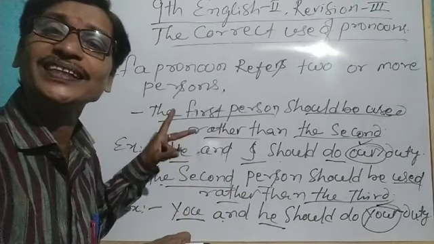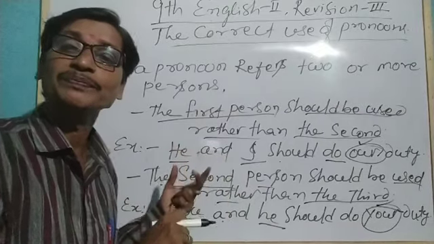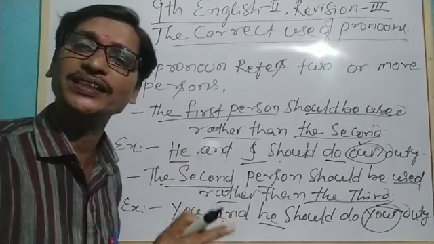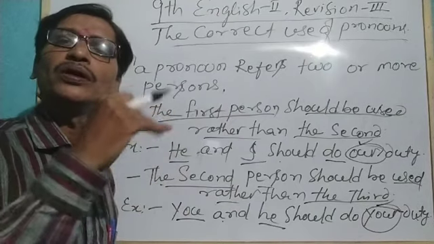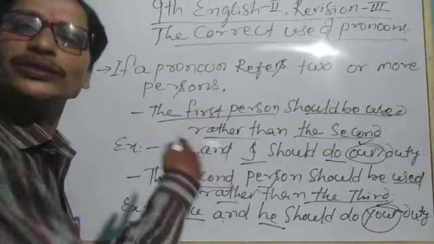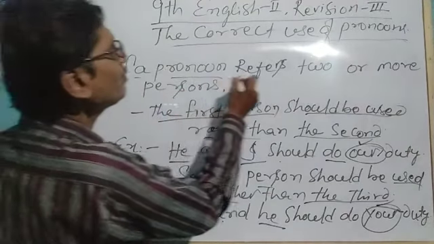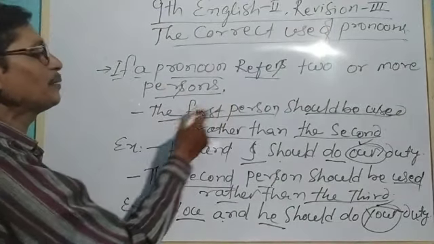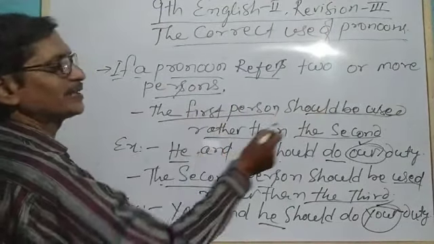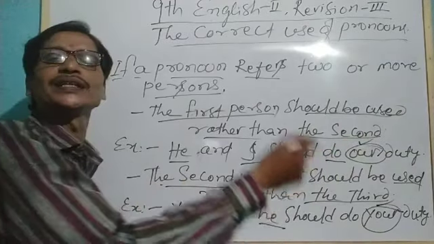We have discussed them. Now, today we are just recalling, revising them for your better understanding and developing confidence. Okay? So, now let's understand. You understood this? The rule is that if a pronoun refers to two or more persons, then the first person should be used rather than the second person, and the second person should be used rather than the third person.